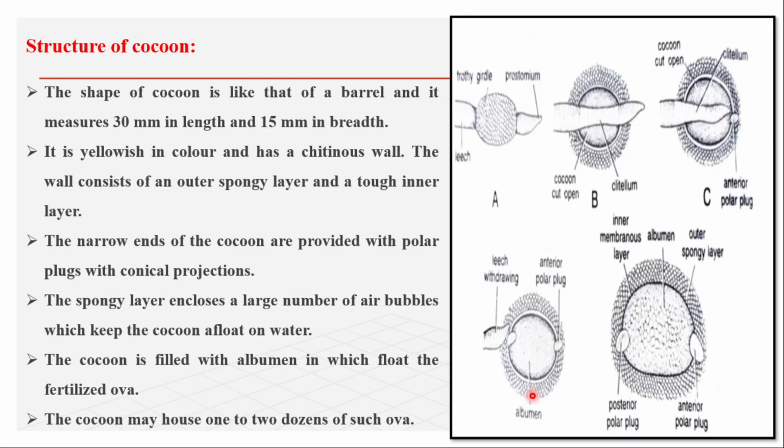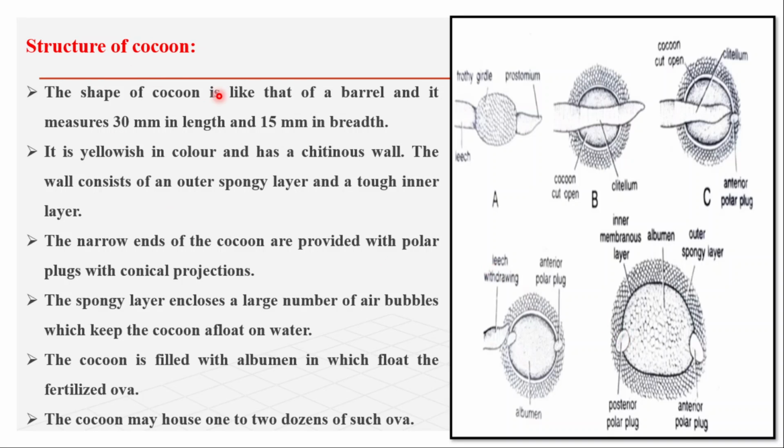Slowly, the second end of the girdle is also separated from the cattle leech, and that end is called the posterior polar plug. Both the polar ends are fused with the help of plug-like structures, which are triangular in shape. See here, the triangular polar plugs, the anterior polar plug and the posterior polar plug, which fuse the cocoon here.